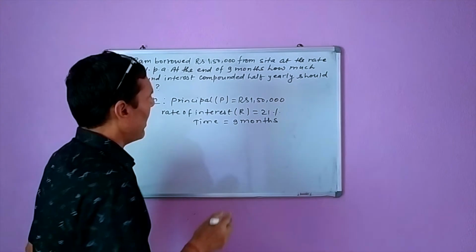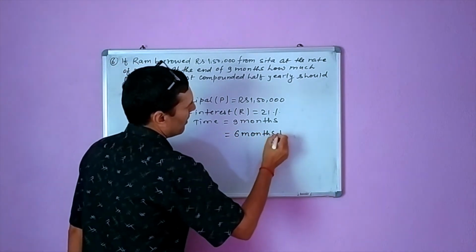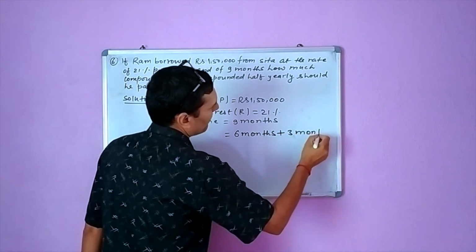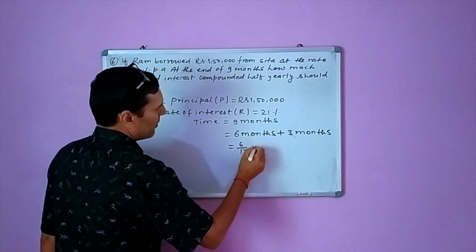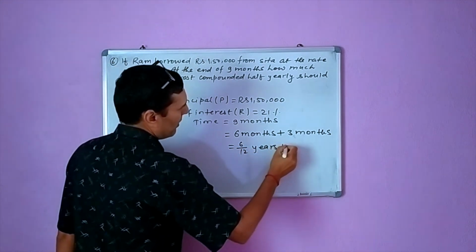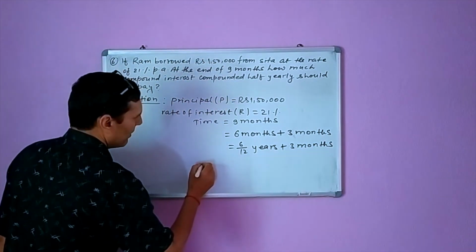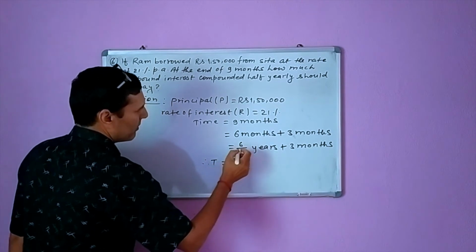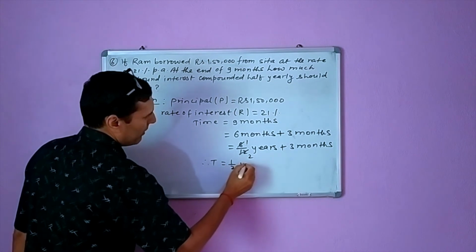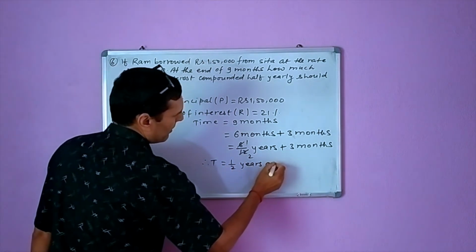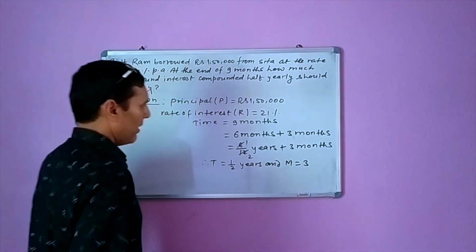So we divide 9 months as 6 months plus 3 months. It is 6 upon 12 years plus 3 months. Therefore, we write T is equal to 1 upon 2 years, and M is equal to 3 in our formula.